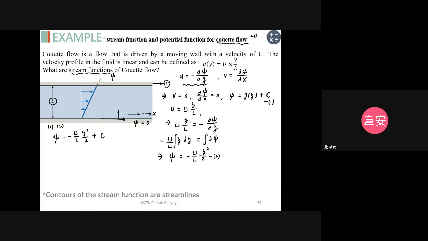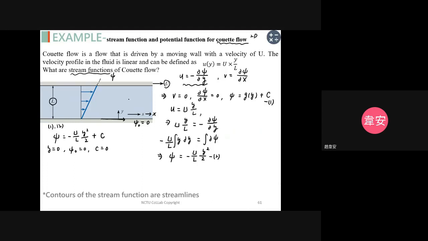So what are the coordinates on the bottom? We know that on the bottom, y is always equal to 0. So we put y into this equation, and the constant value is equal to 0. We assume the bottom is ψ0 equal to 0, so we know that the constant is 0.